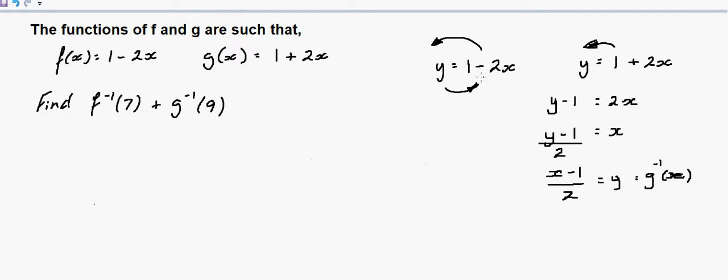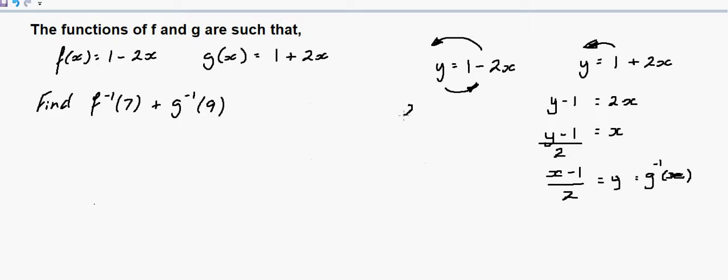Here the 2x is negative, so we want to make it positive, and the best way to do it is to move it. I'll move this y away so that I have my 2x on its own.